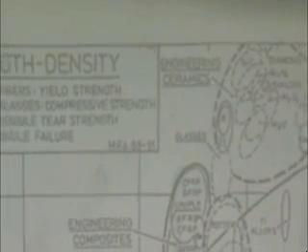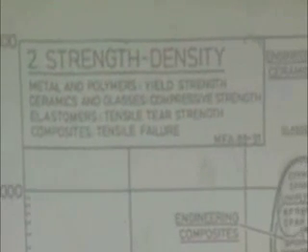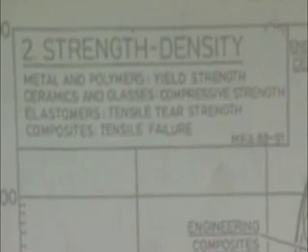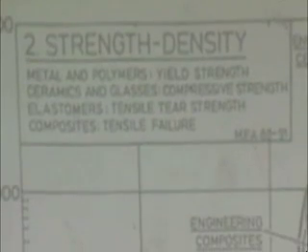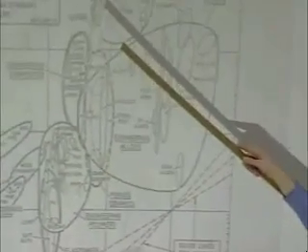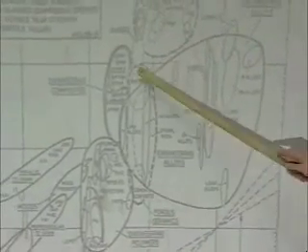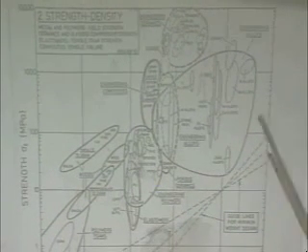But a couple of things to notice: unlike for the elastic response, the Young's modulus, an individual material, titanium, steel, aluminum alloys, spans a big range, more than an order of magnitude in each case, in the strength of the material, either the ultimate tensile strength or the yield strength.